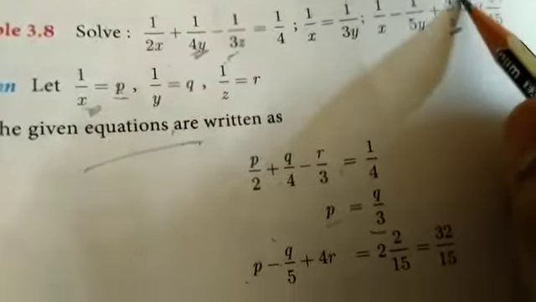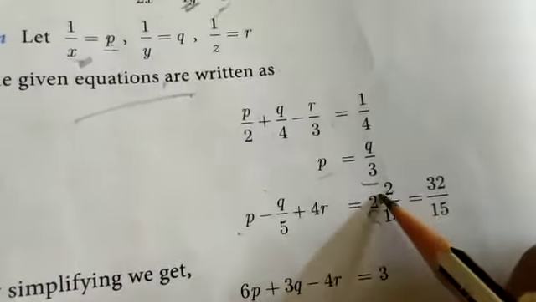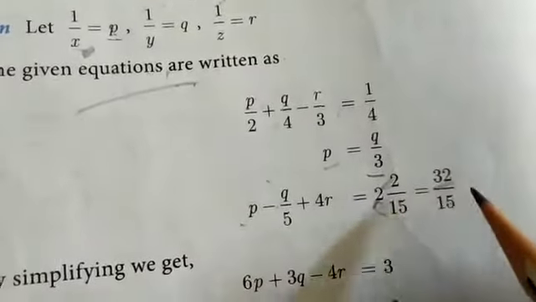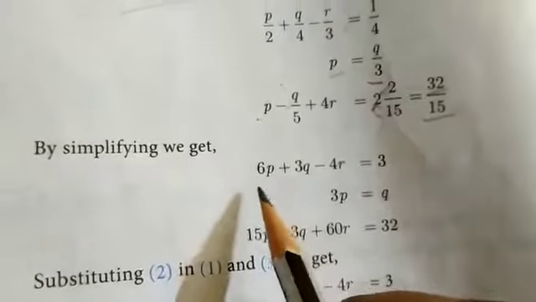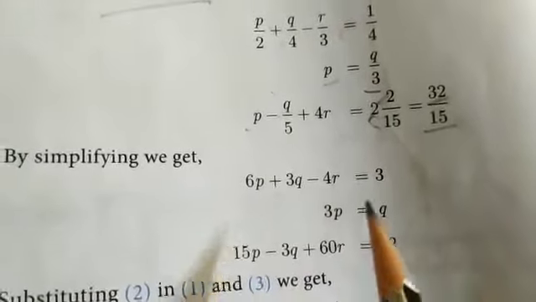So 4 into 1 by z means 4 into r only, which is equal to 2 by 15, which, when you change it into an improper fraction, you will get 32 by 15. By simplifying we get 6p plus 3q minus 4r equal to 3.